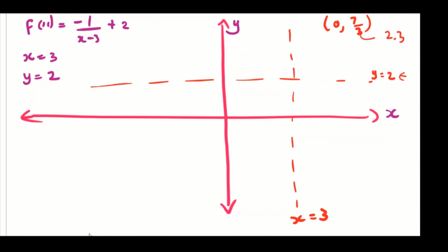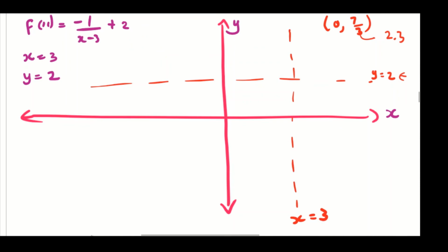But before we even draw or plot that value, let's first identify where our graph will be. So looking at this f(x), the value of a is less than 0. So when the value of a is less than 0, we know very well that our graph is going to be in the second quadrant and fourth quadrant, right?